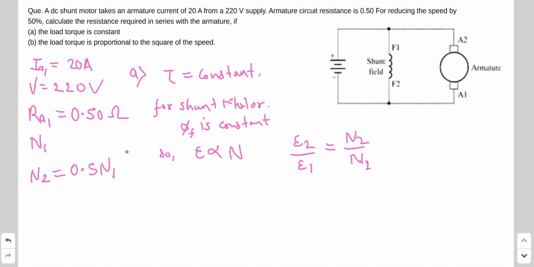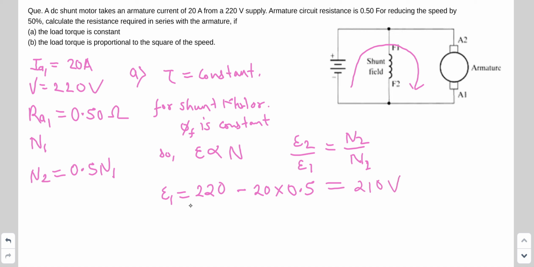So first we will calculate the E1. From the circuit, E1 is equal to, we will apply the KVL rule here. So the given voltage is 220 volt minus Ia is 20 ampere and Ra is 0.5. So our E1 will be 220 minus 10, it is 210 volt.